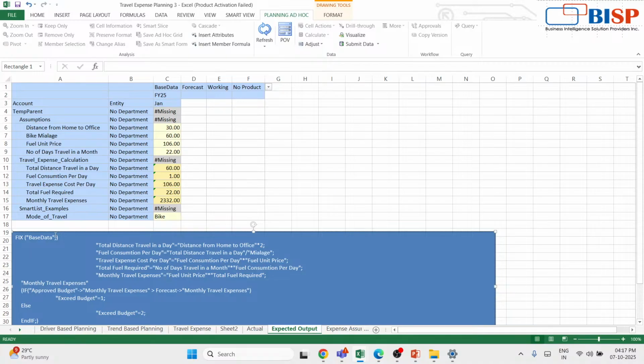HSP view is the base data, and then we would take different accounts, and we can take the particular version.